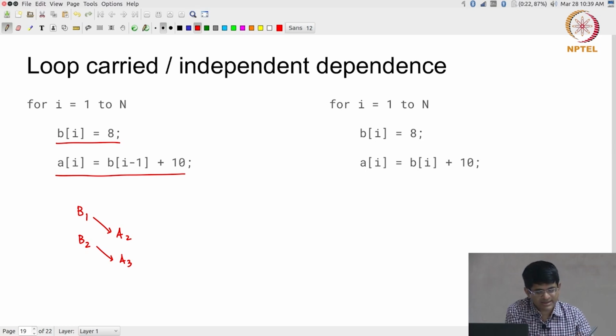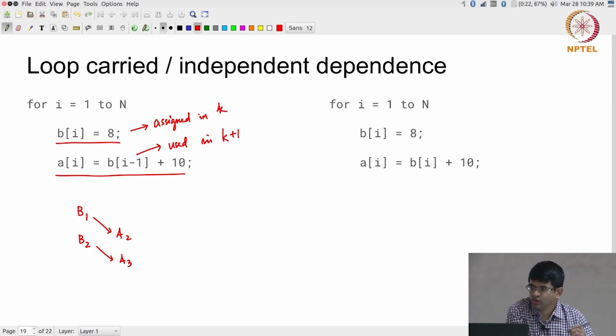So in other words, there is a dependency where a value is assigned in iteration k and used in iteration k plus 1.